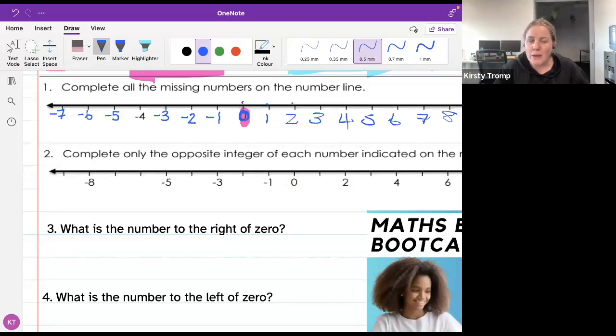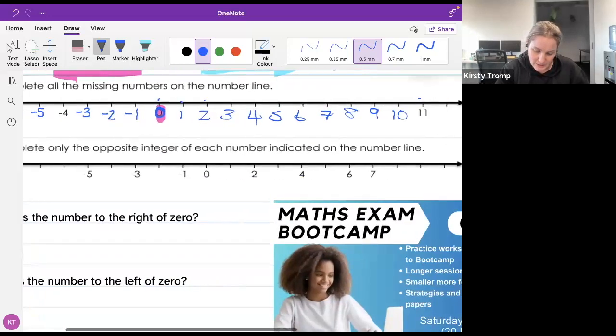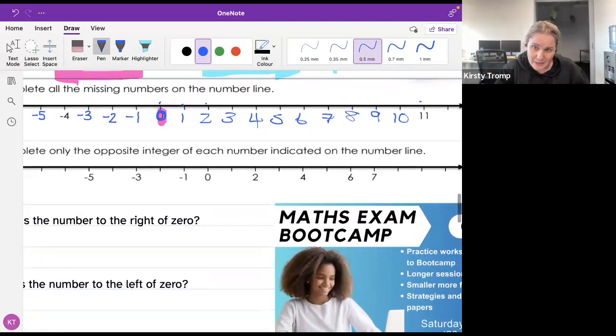So where am I going to find positive 8, guys? I'm going to find it on the other side of the number line. Okay, I'm going to go to the other side of the number line and I'm going to look for where I would put 8. So I've got 0, 1, 2, 3, 4, 5, 6, 7, and I would find 8 over there.